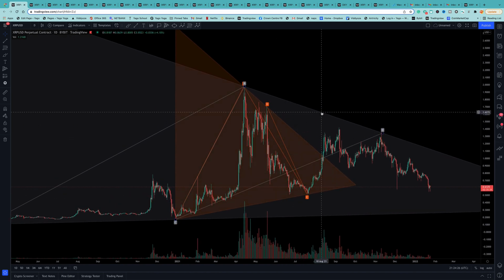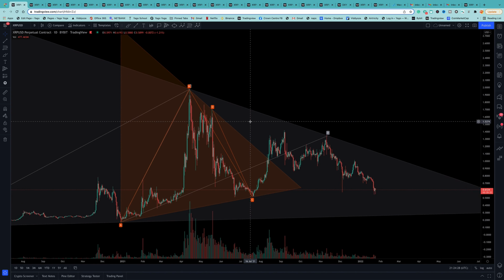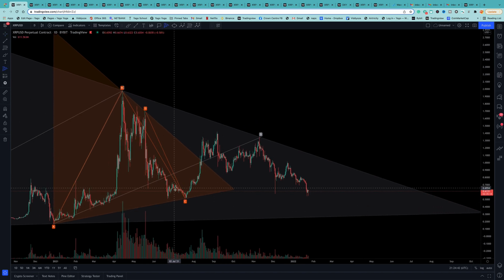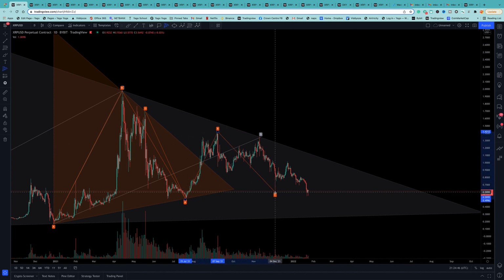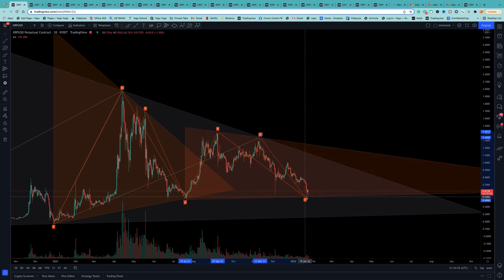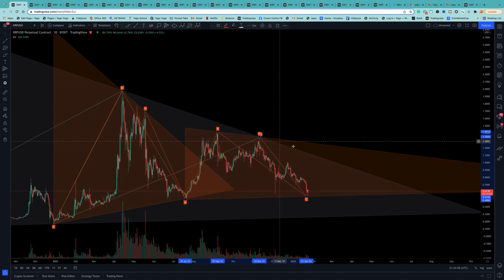So now there's the weekly. Here's the daily. Okay. So here's one. Look, Elliott wave, correction, Elliott wave, correction, Elliott wave, and ABC correction. Yeah. So here's another one. A, B, C, D. Okay, so there we go.